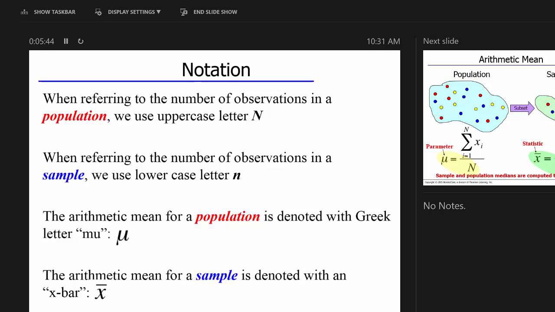So mu is the population average, x bar is the sample average, and with all likelihood, they're not the same, right? What I can compute from the entire population is not the same as what results from the relatively small sample, okay? That's why I have two different notations, mu and x bar. Same formula, but different results, because one comes from population and another comes from sample.